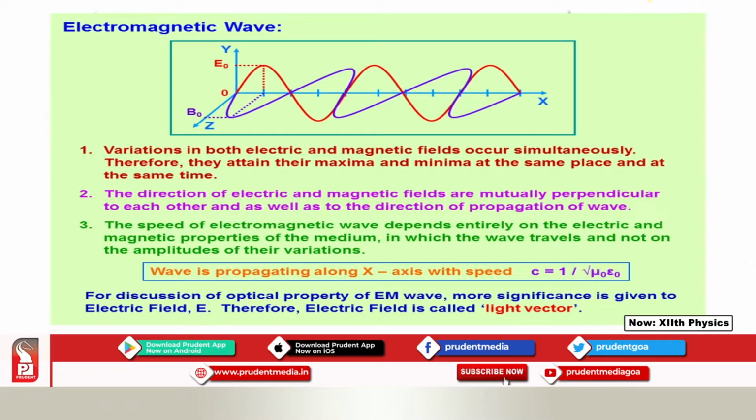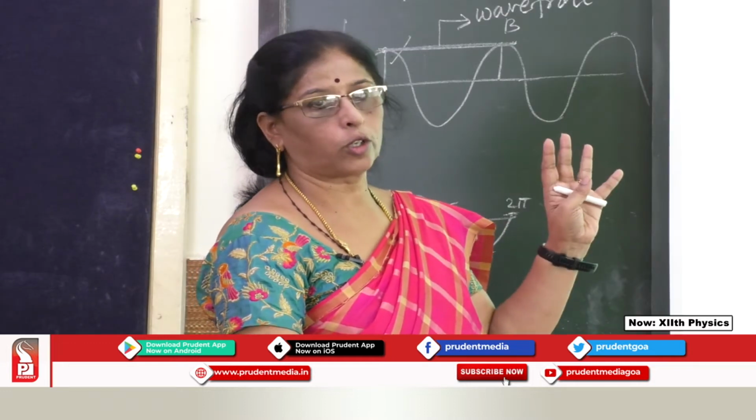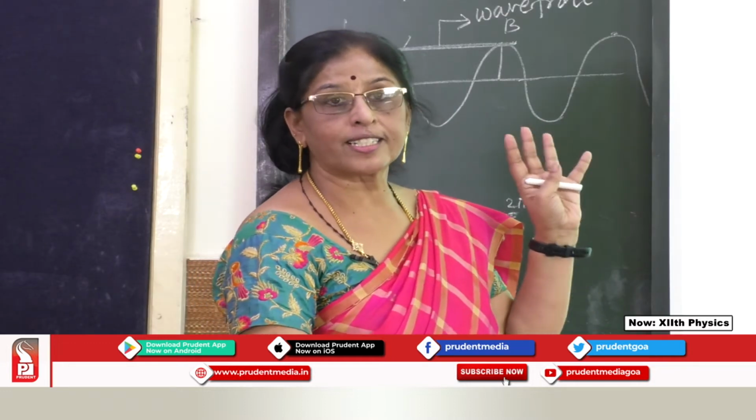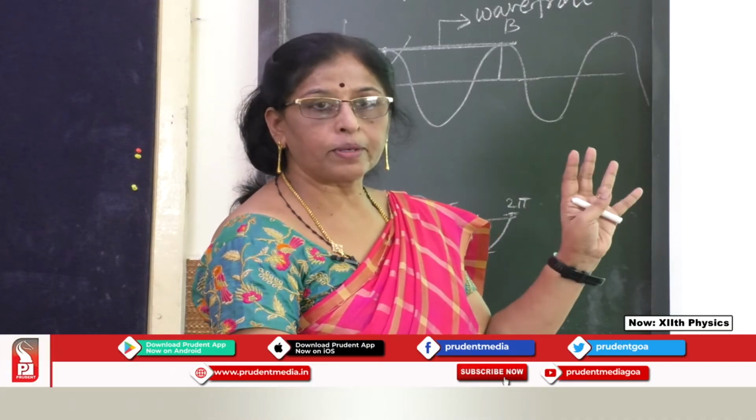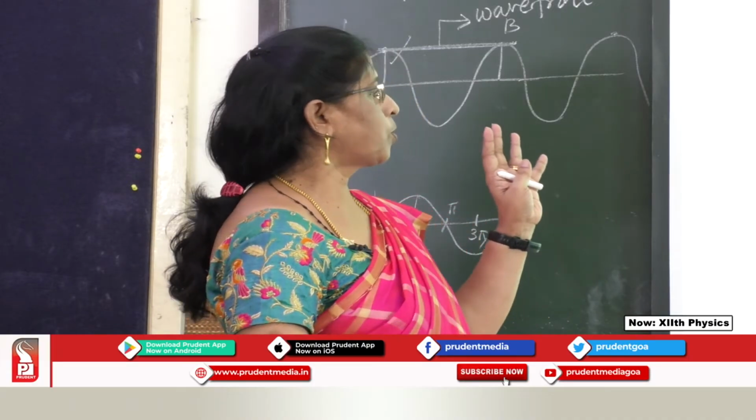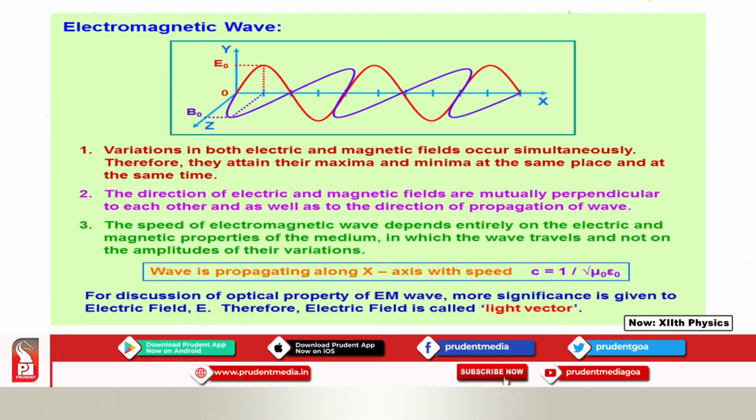When they are perpendicular and the forces due to both are equal, we have what is known as a velocity selector. The speed of an electromagnetic wave depends entirely on the electric and magnetic properties of the medium. It depends mainly upon the medium. How the medium is, only then will they progress in the medium. The main factor is the medium. We have studied this already in the previous chapter.